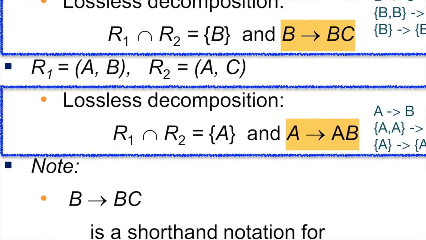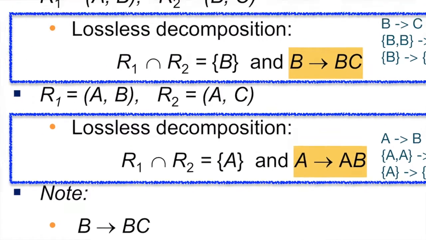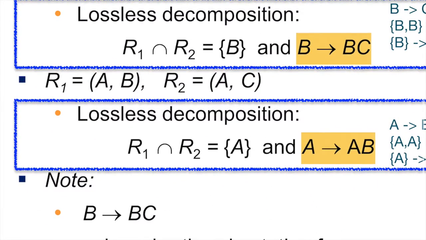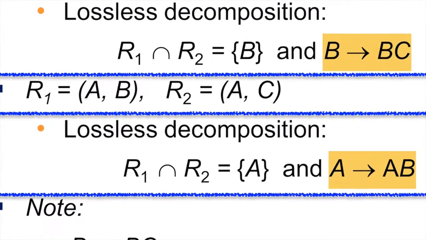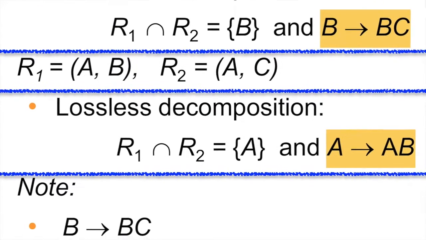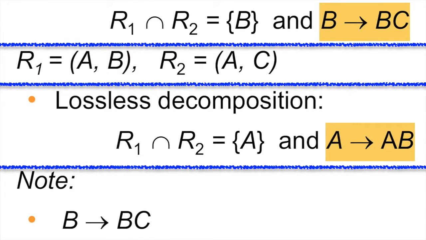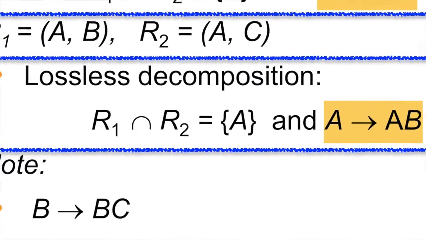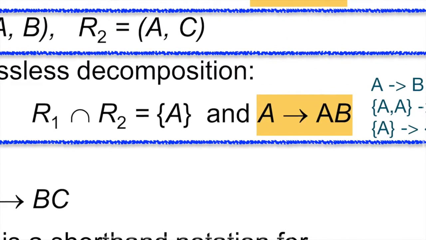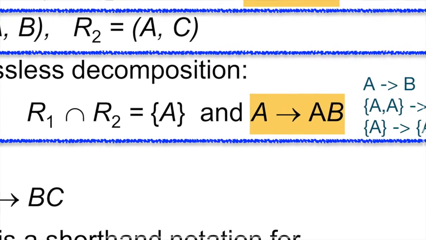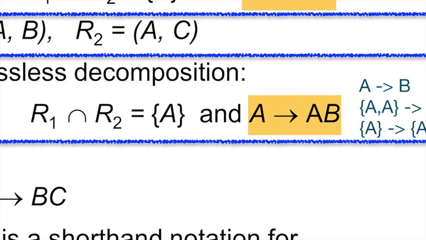For the next example, another decomposition pa rin siya of the same set. So, instead, meron na tayong A, B, and then AC. So, the intersection of R1 and R2 in this case is the set A, and we can also show that there is a functional dependency from A to AB.